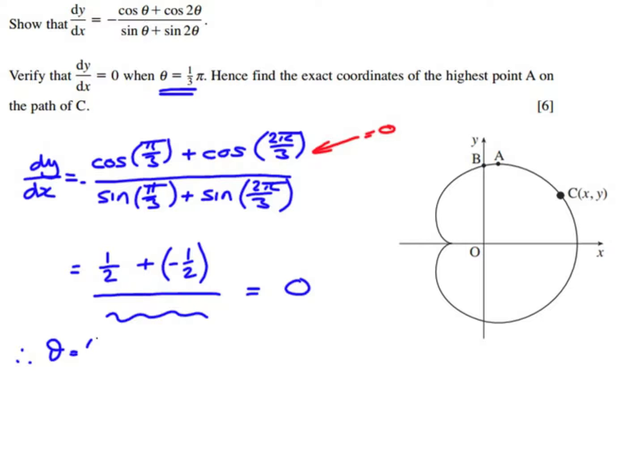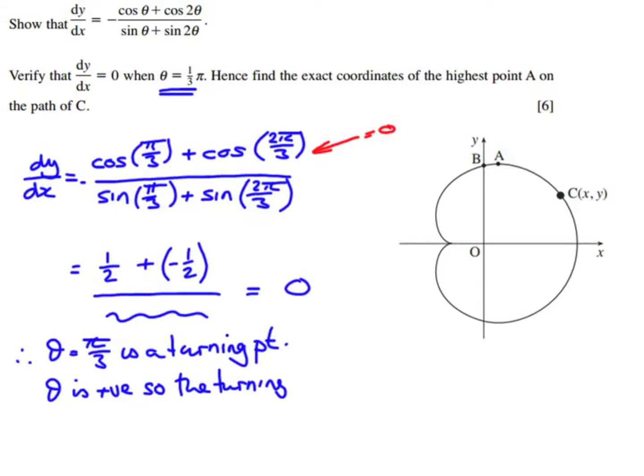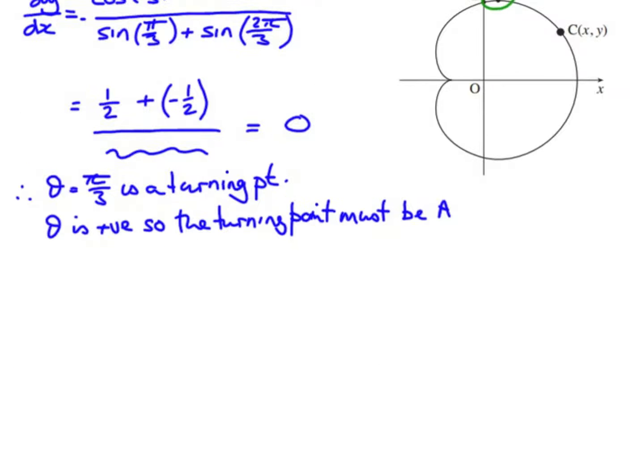So actually this point where theta is pi over 3 must be the turning point A. So actually we know what theta is at A, and so if we go back to the two equations we were given initially for x and y, we can simply substitute pi over 3 into those equations and find out the coordinates of A.